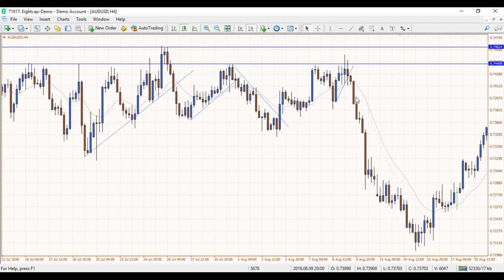So the market moved very rapidly down, and we did form a new lower high at this point, but it wasn't much of a lower high, but it was still valid on a break of support, and we made a new lower low. We had a counter rally, a new lower high, another decline, a new lower high, and then another decline down. So you can see that there is a pattern there.